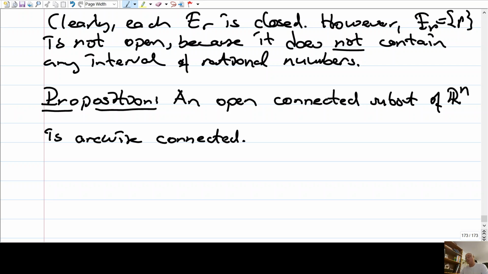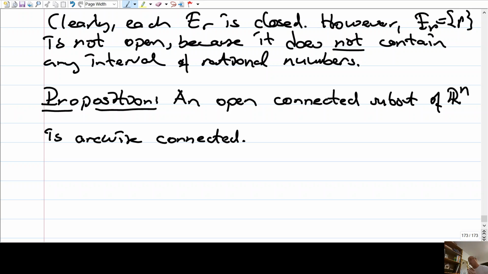So I'll prove this theorem, and this will be an answer to what I asked a minute ago. There are some connected subsets that are not path connected, so how can we make sure that a connected set is path connected? If that subset is also open, then it is automatically arcwise connected.